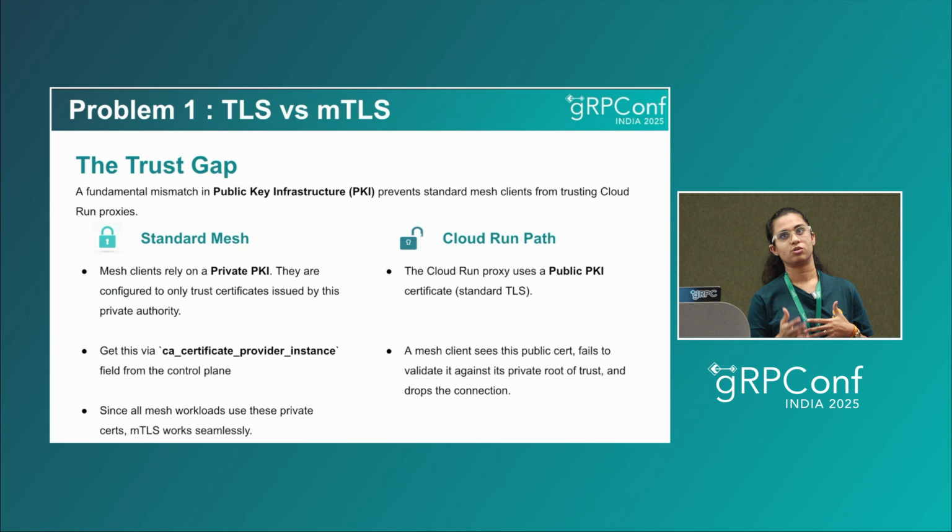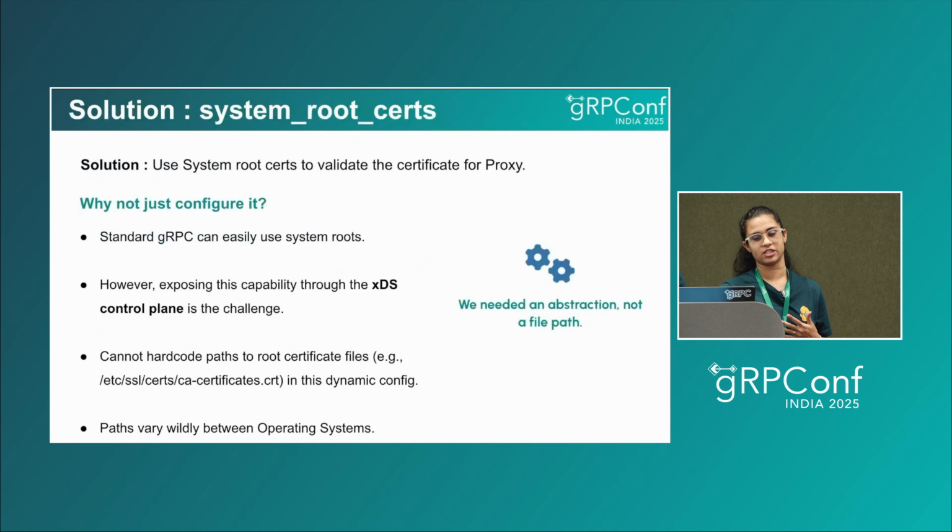We got these root CAs from the XDS control plane in the config, in the CA certificate provider instance. Now, as we discussed, client and server are configured to only trust certificates from this private CA. So when clients in the mesh see a public certificate, they don't recognize it. They see it as a stranger and drop the connection.